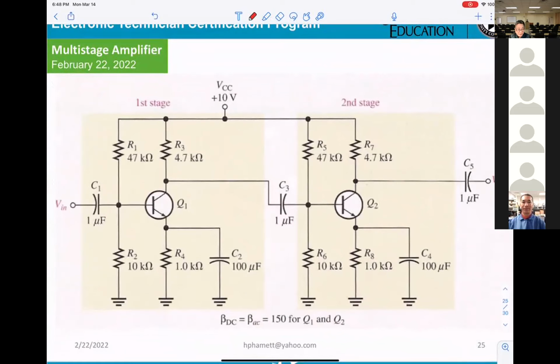Multi-stage amplifier. That means you can get common emitter, common base, common collector, and now they combine. If you look in here, first Q1, what's the name of the amplifier?